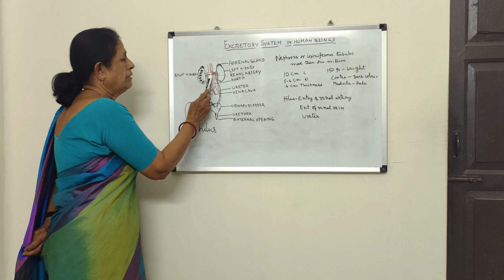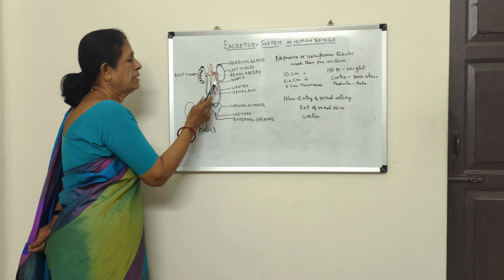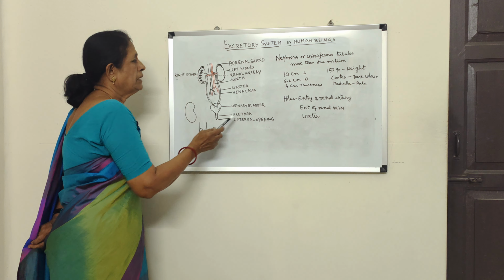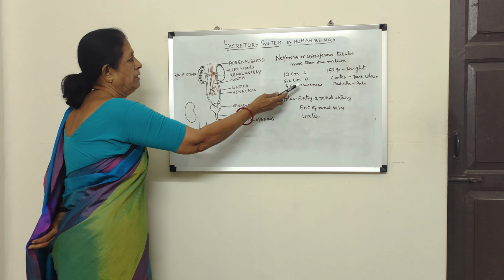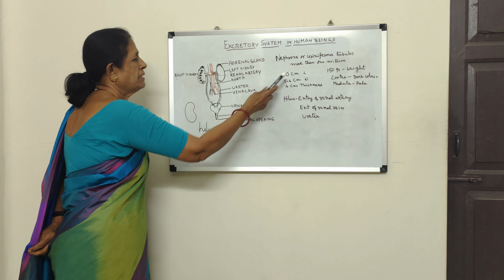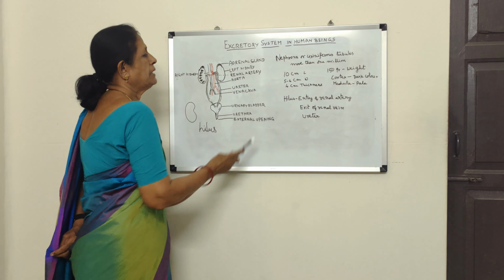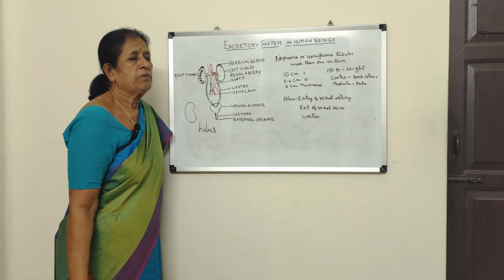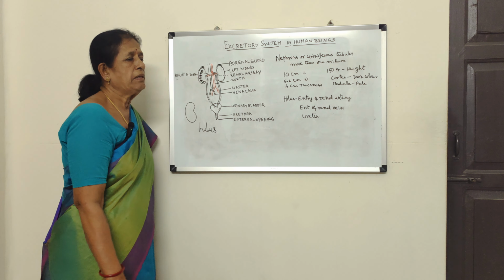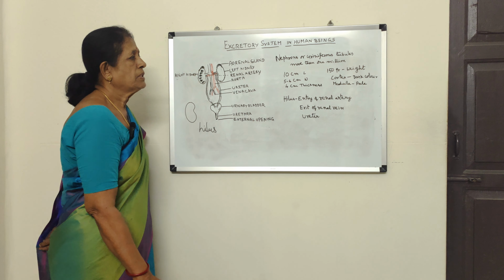That means how the kidneys are present, what parts are present in the kidneys, and what the measurements are: approximately 10 centimeters in length, 5 to 6 centimeters in width, 4 centimeters in thickness, and almost 150 grams in weight.